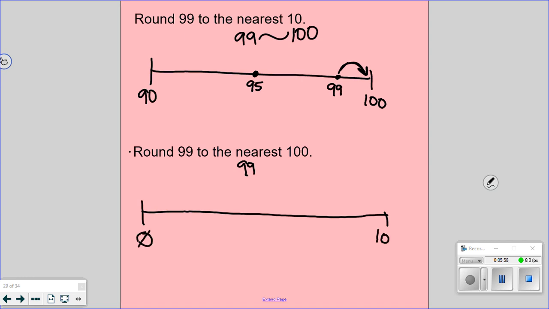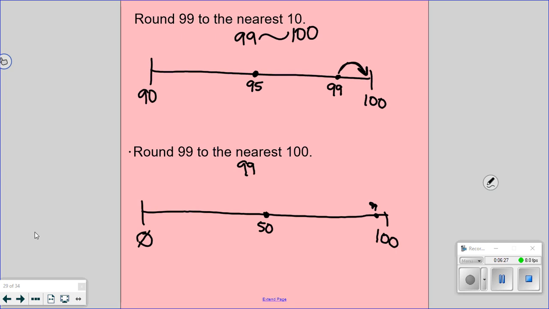Bryson, what's my midpoint now? Tricky. What is it? 50. John, where does 99 go on that number line? Very close to the 100, right? It's gonna be super close. Can I go closer than that? Sure.